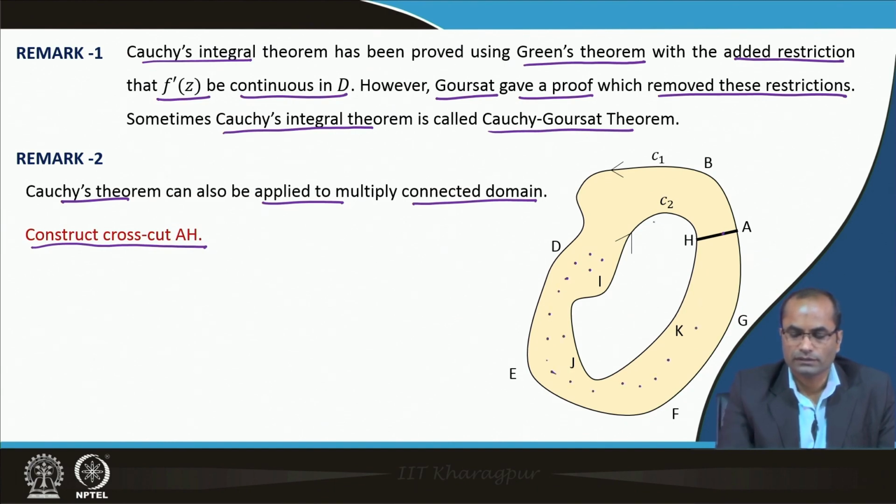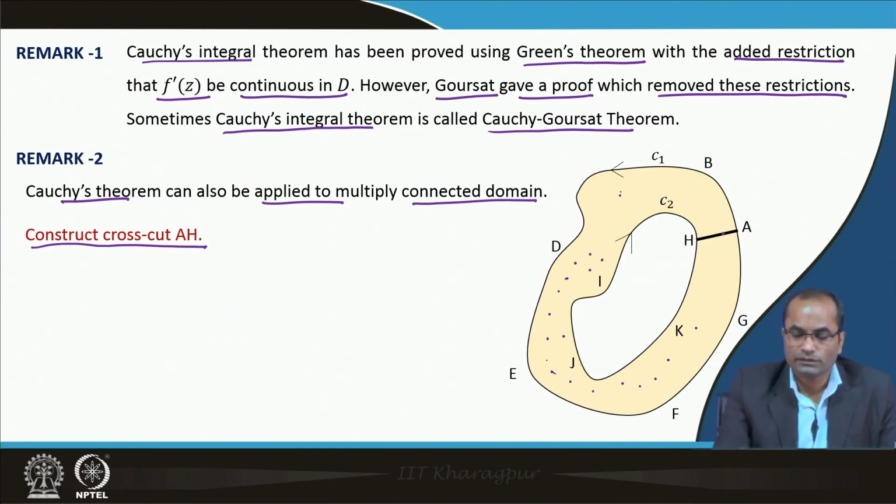So, this was our domain now. There is a hole here, this part is not a part of the domain, hence f is not analytic in the whole domain, because this is not a simply connected domain, it is a multiply connected domain. So, this white part is not a part of the domain. So, the outside curve C1, for instance, does not contain the whole region where the function f is defined or f is analytic.